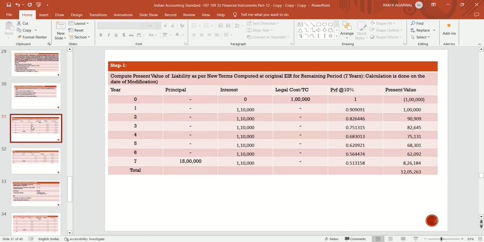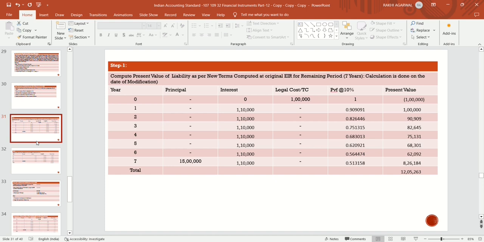By incurring a transaction cost on that date, 1 lakh is on the 0th date, and for the remaining period we have to calculate. The present value is to be calculated at the old effective interest rate, which is 10%. So we have to discount the principal, interest and cost by taking the old effective interest rate of 10%.